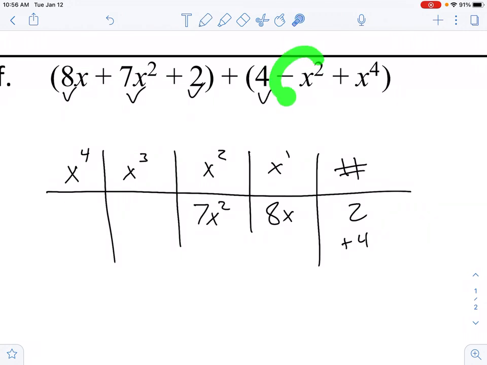Negative x to the second needs to go over here, and positive x to the fourth needs to come over here. And if it doesn't have a number next to it, remember it's a 1. All right.